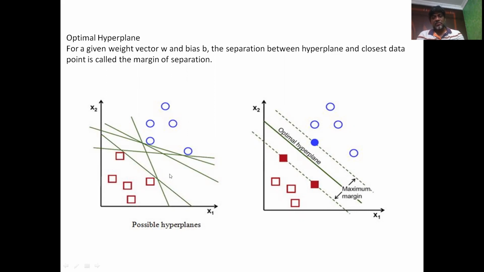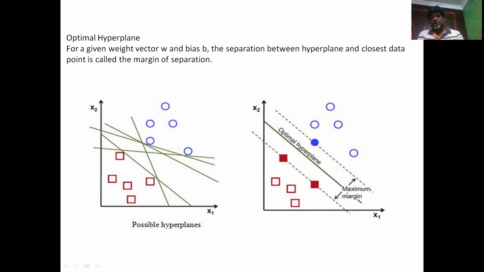So there are a number of possible hyperplanes, and all of them are a choice. But the optimal hyperplane is the hyperplane which divides the corresponding classes with a maximum margin.